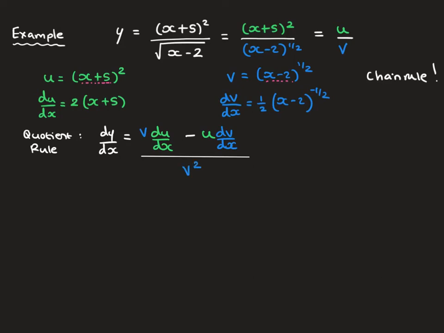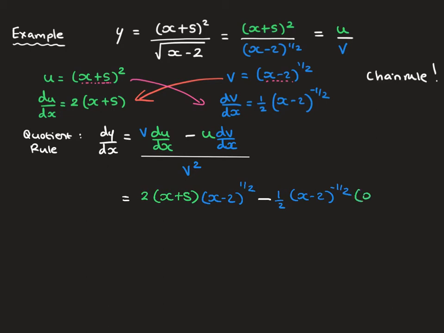So all we now need to do is substitute into the component parts of this. So v multiplied by du by dx here gives me 2(x plus 5)(x minus 2) to the power of a half. Subtract, and then these multiplied together: a half (x minus 2) to the negative a half, (x plus 5) all squared, and then the whole thing divided by v squared.